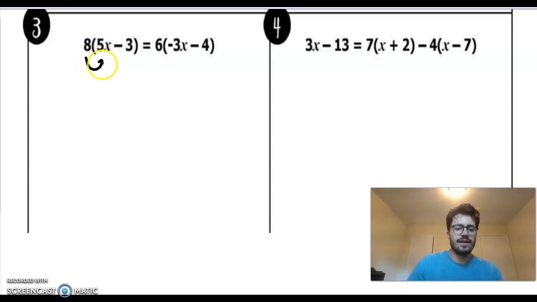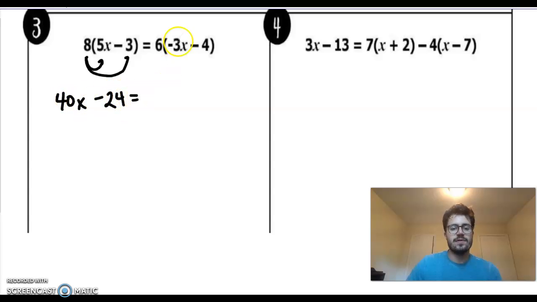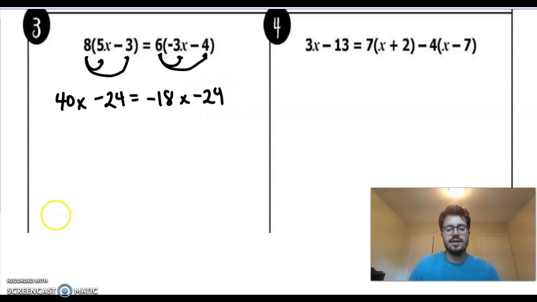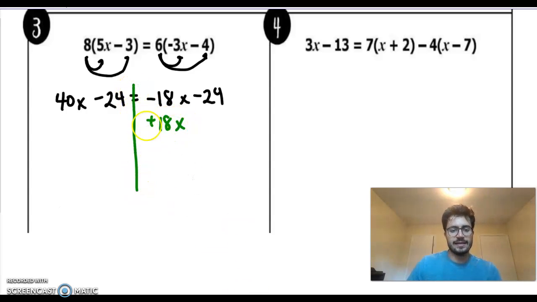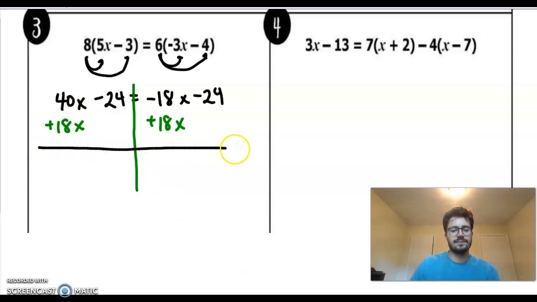Okay, let's see. So we have 8 times 5x here and times negative 3. So that's 40x minus 24. Here we distribute. We get negative 18x minus 24. Let's see what happens. I'm going to add my 18x to both sides. 40 plus 18x, that's 58x.